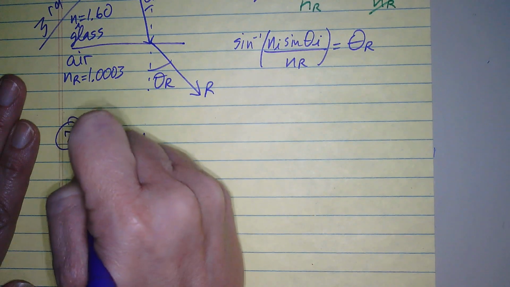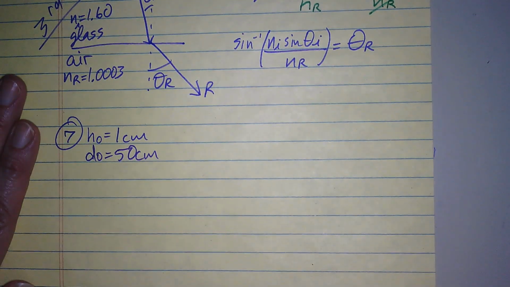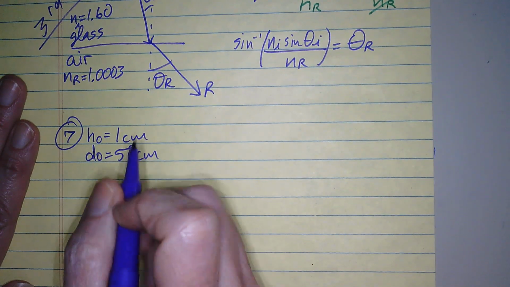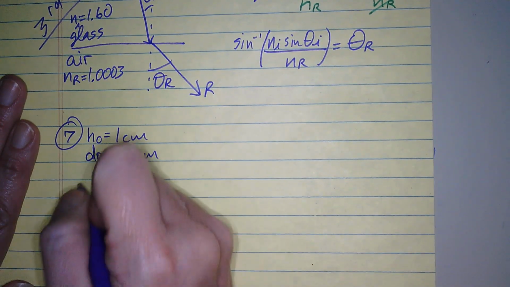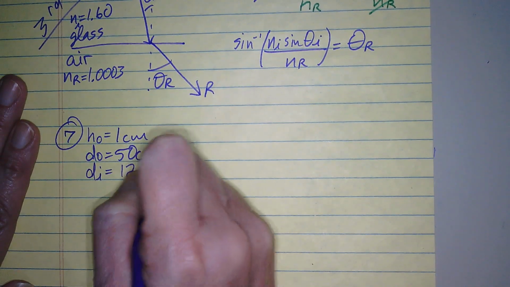So the distance of the object is 50 centimeters. Then it says the image is formed 12.5 centimeters in front of the lens. That means it's positive because it's on the other side where the light converges. So DI is positive 12.5 centimeters.